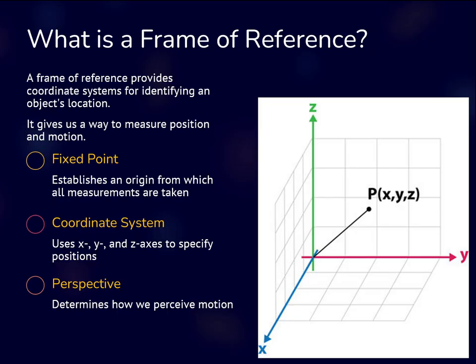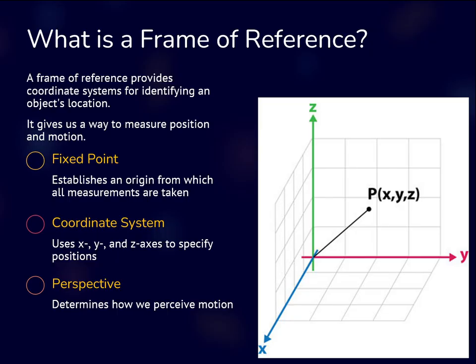But there's more to it than that. A frame of reference also includes a perspective, which means a specific viewpoint. From that specific viewpoint, we watch how an object's position changes over time. That change is what we call motion. But without a defined origin or axes, we can't say anything meaningful about that change.